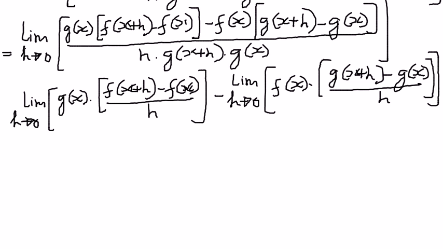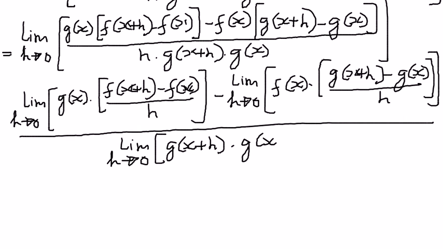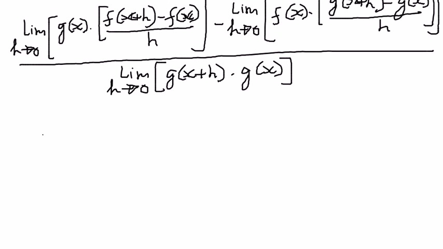Close brackets, and this whole thing is divided by limit as h approaches 0, g of x plus h times g of x, like that. Therefore, we can simplify this some more as follows.